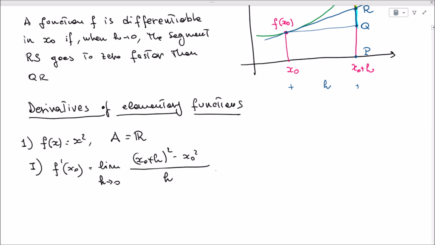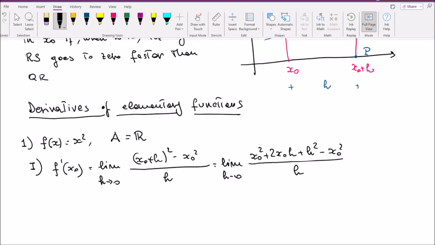This is equal to the limit as h goes to 0 of x naught squared plus 2 x naught h plus h squared minus x naught squared, all divided by h.